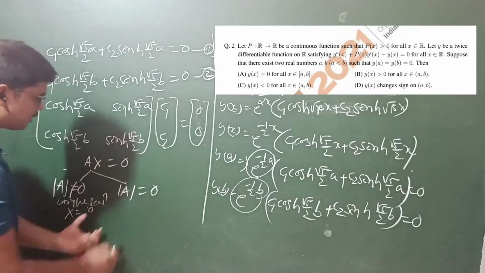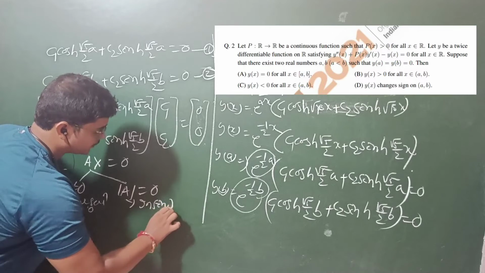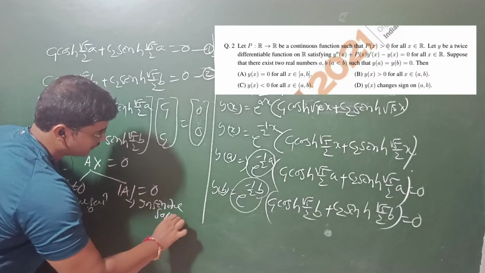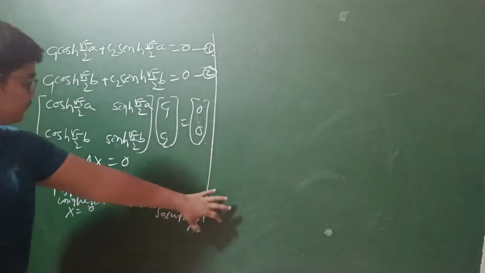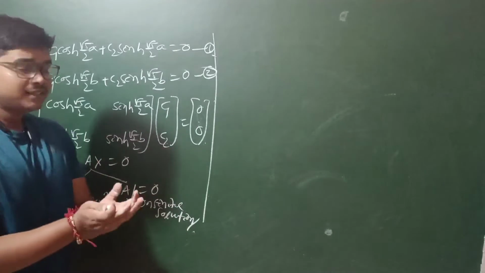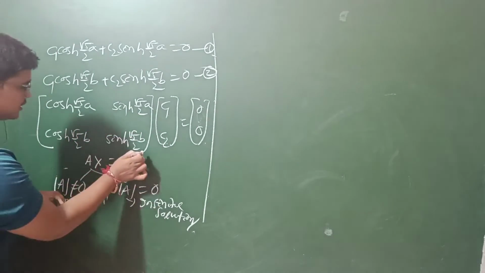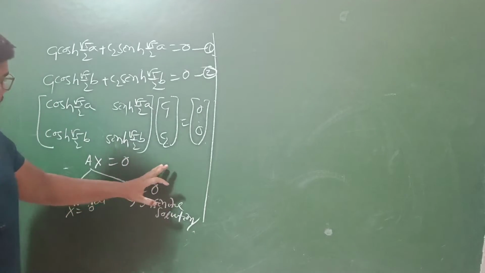If determinant of A equals 0, then it has infinite solutions. Now if c1, c2 have a non-zero solution, then this matrix determinant must be 0.